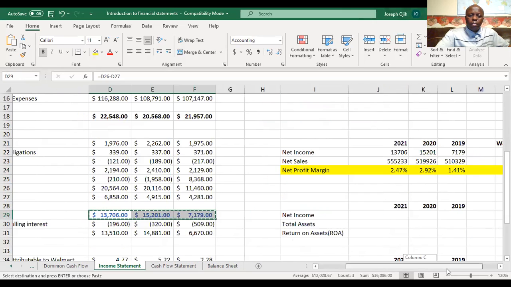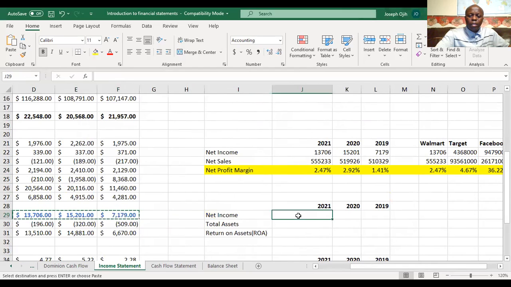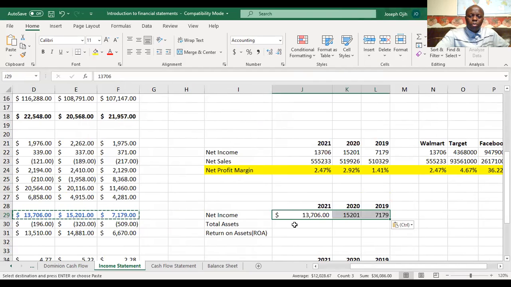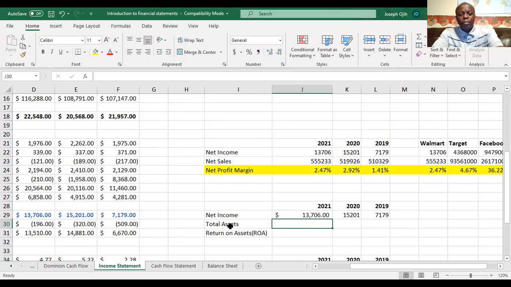Okay, let's put this here, and then this is net income. Again, paste this. Remember to paste the numbers. Then we can now go to the balance sheet, because that's the place we will find the total assets.